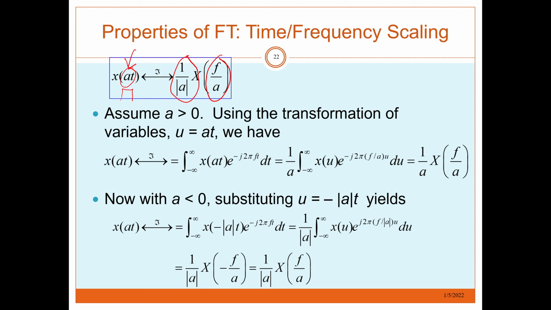This is the proof of how x(at) becomes the coefficient 1 over a, and also the function f must be divided by a.